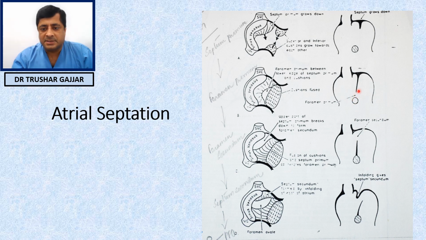A foramen remains there, that is called foramen primum. Due to cell lysis in this septum, this is called septum primum, and when the lysis occurs in these cells, the septum moves downward and fuses with the endocardial cushion. This foramen is called foramen secundum.